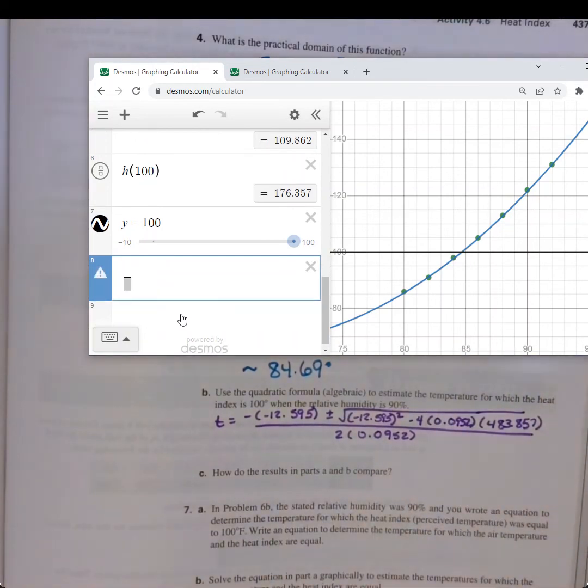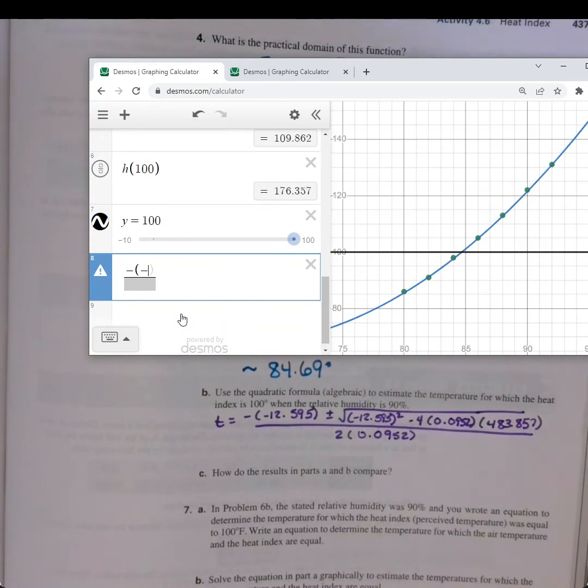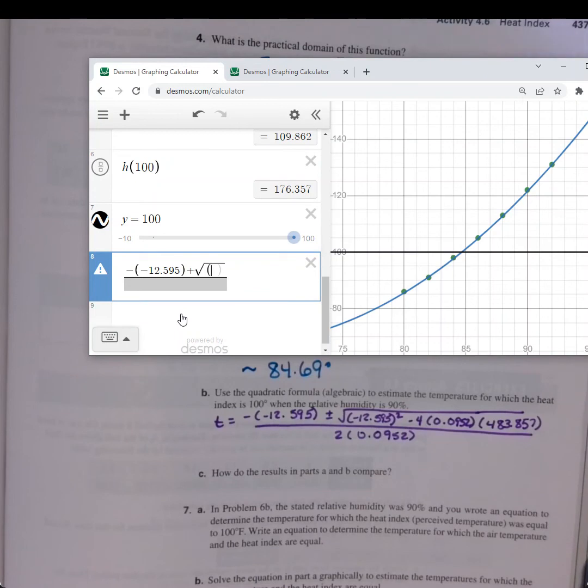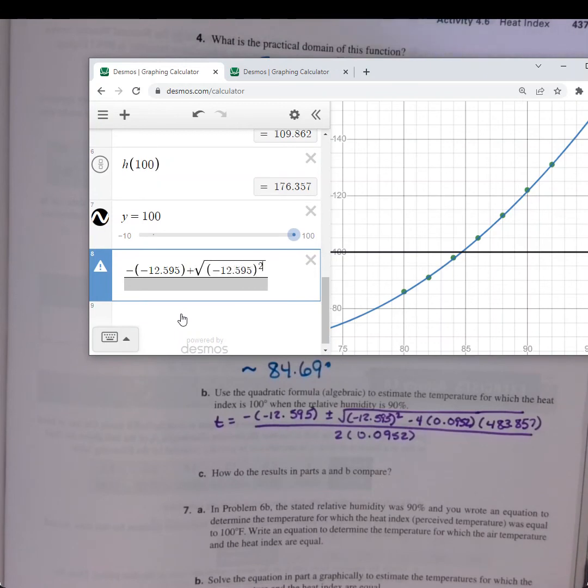So fractions start off now. Negative 12.595. Now we have to do the plus and the minus separately, so we'll write the plus first, then we'll copy paste and do the one with subtraction. So minus 4 times a. What was a? 0.0952.